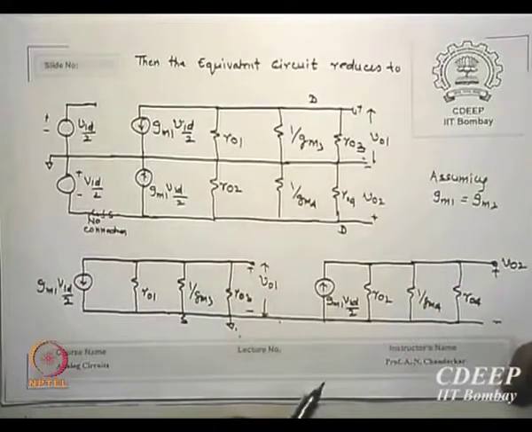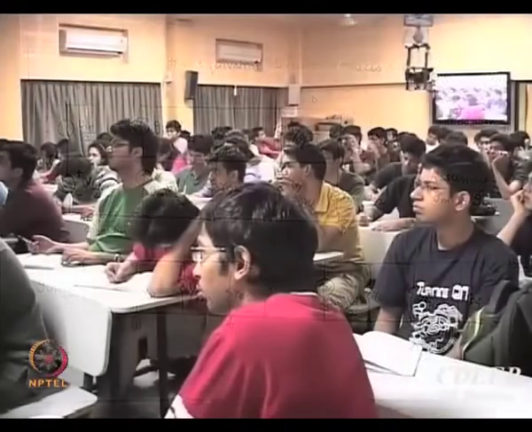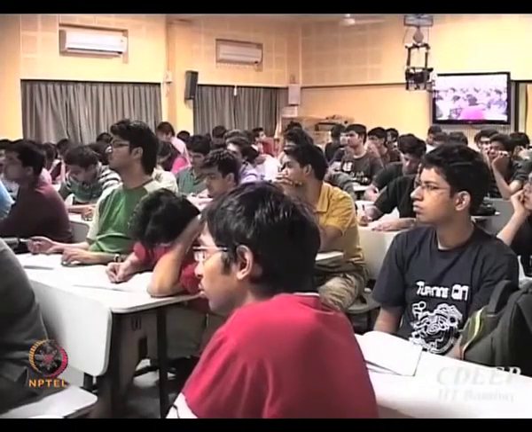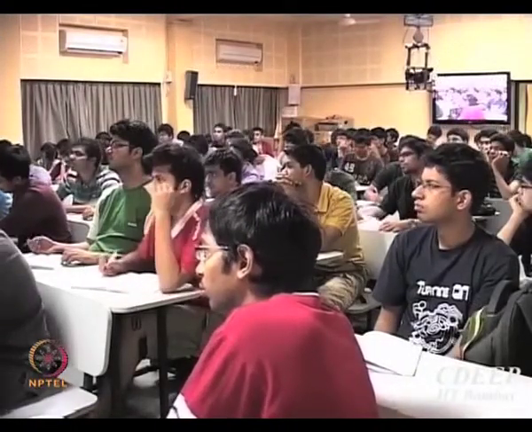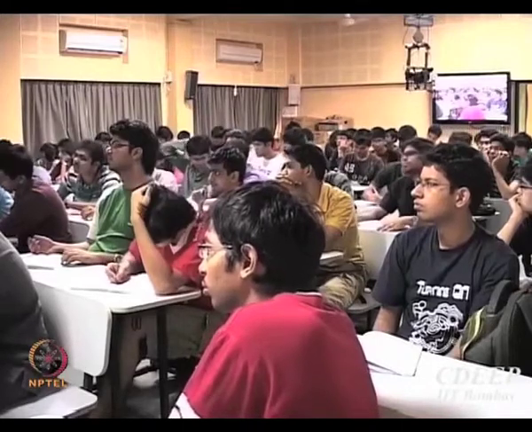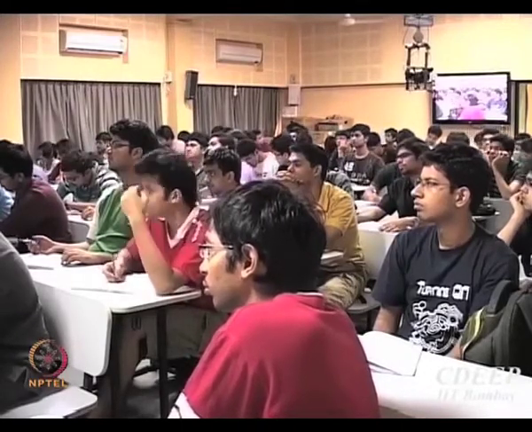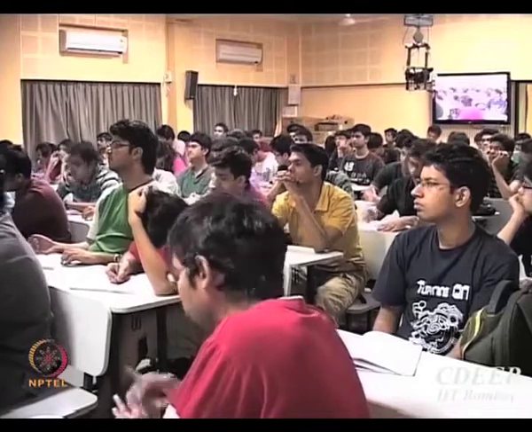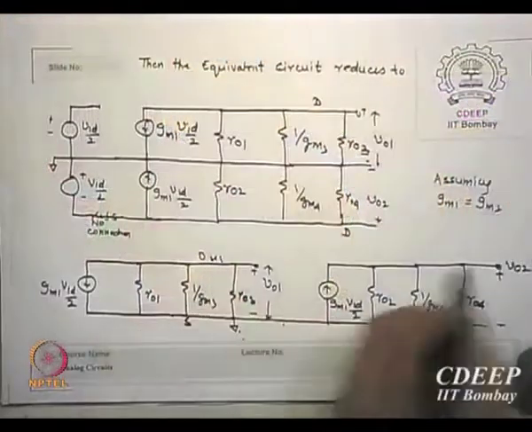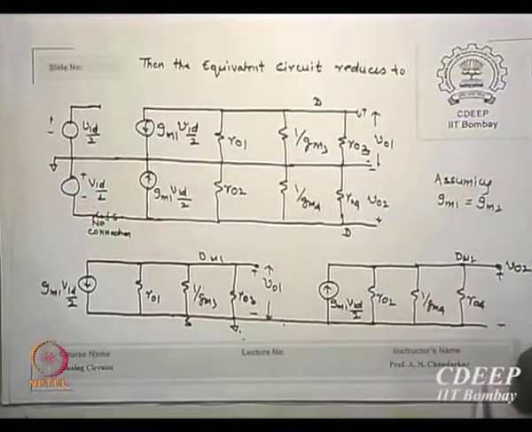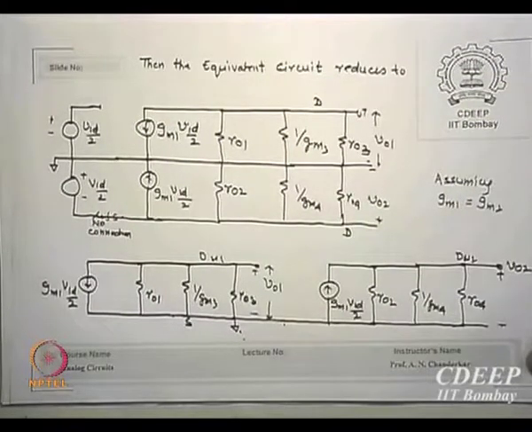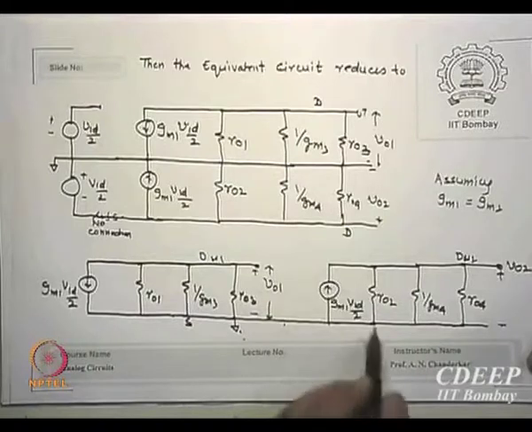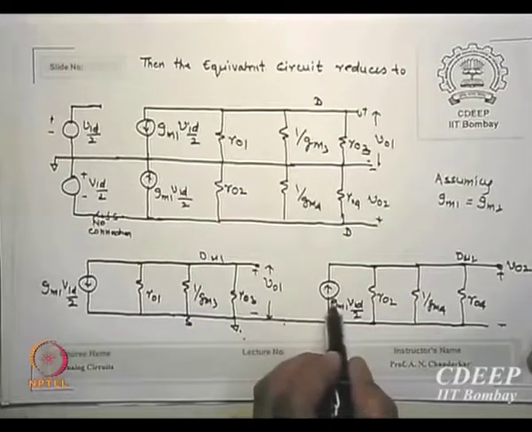Essentially, that is the source of the N channel, which is connected to the same terminal, and therefore we commonly call them the drain of M1 and the drain of M2. This is the drain of M1 and this is the drain of M2. But we have put the sign opposite now. The current source, this one is going this way, and this one is going this way.